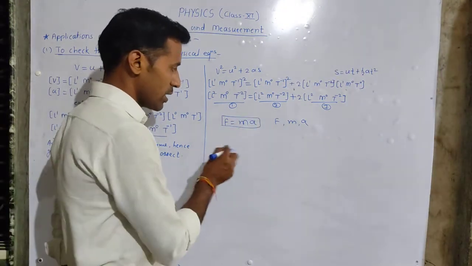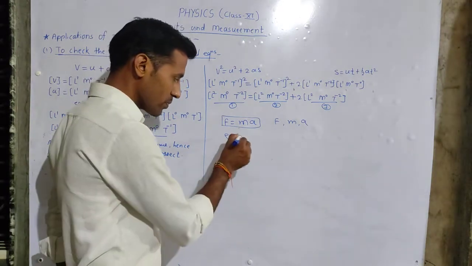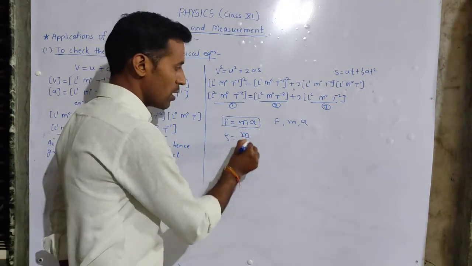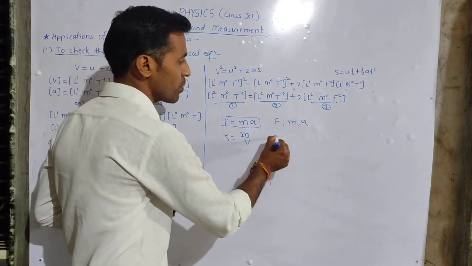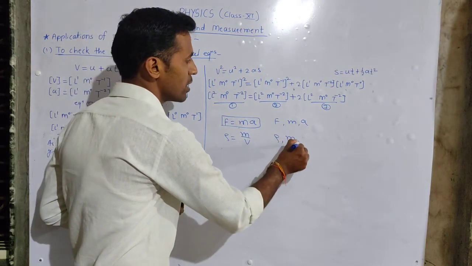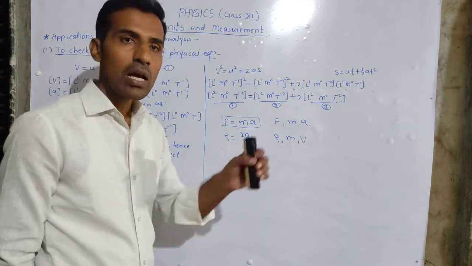Similarly, let's see another example. Density is given by mass upon volume. That means the formula of density consists of rho, mass, and volume. Correct?